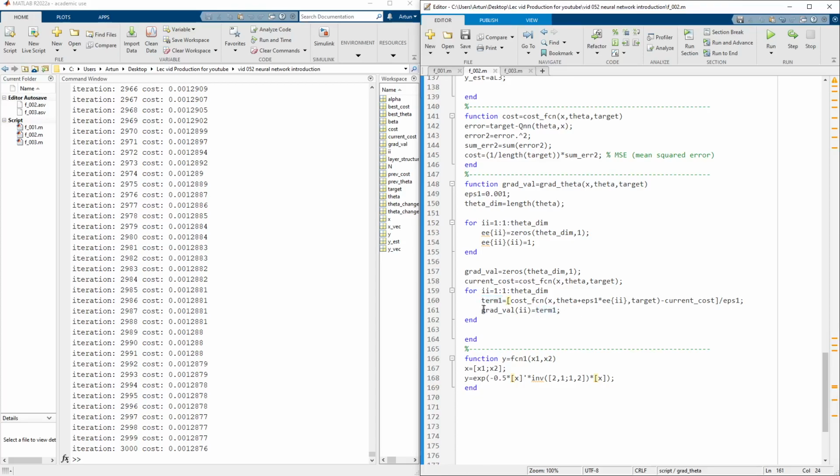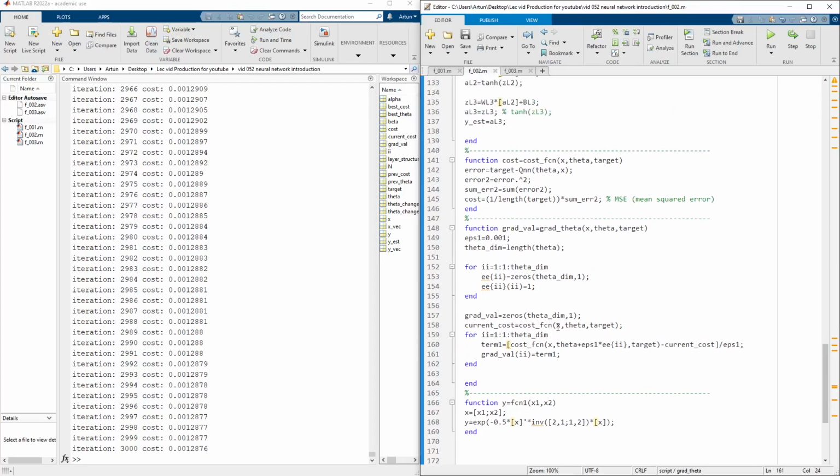Here we can put that term into the gradient theta vector, which is something that we will use to update the theta values.